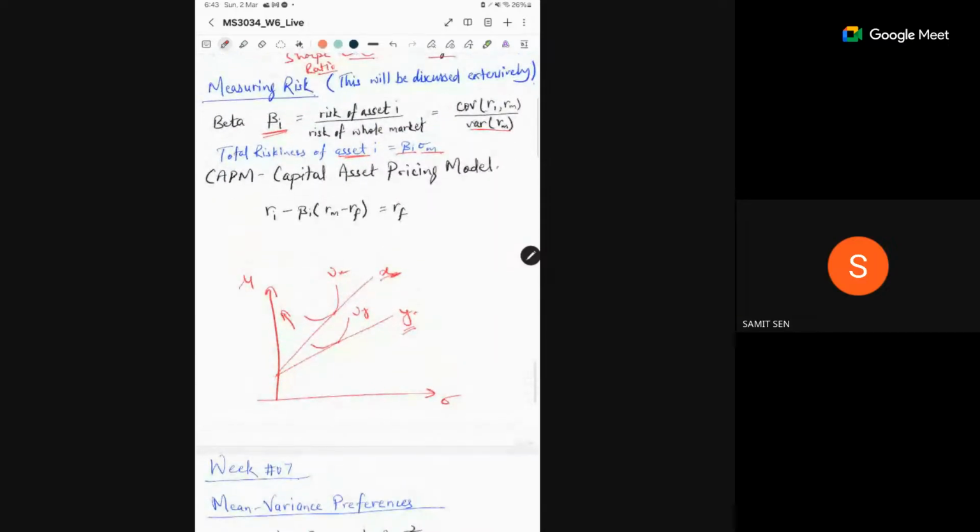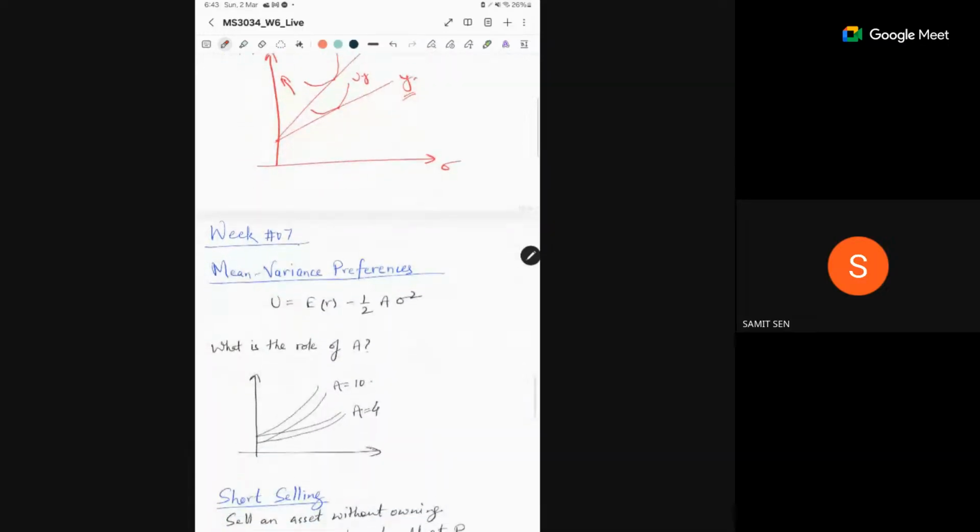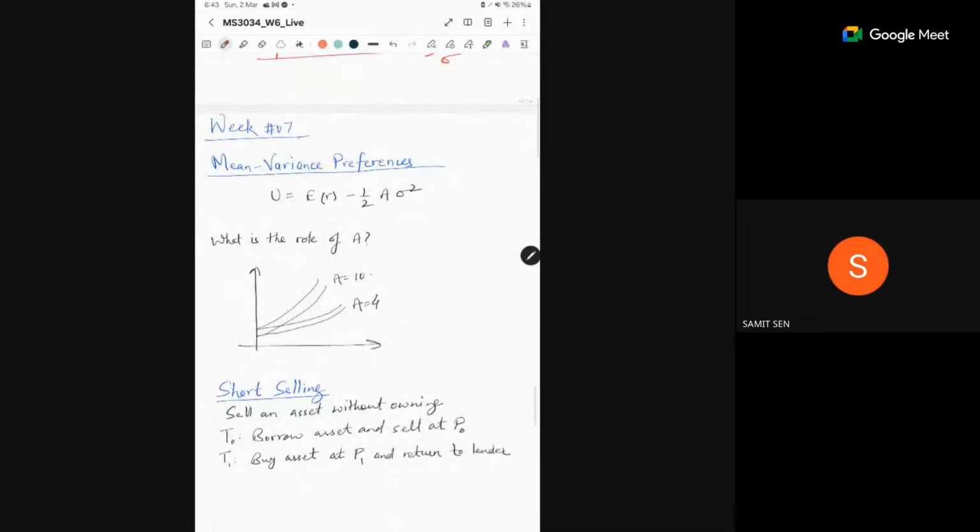So this was the discussion of week 6, and in week 7 we started our discussion with a special type of preferences which we call the mean variance preferences. And what do we mean? The mean variance preferences are the ones which only depend on the mean return and the variance of the portfolio.